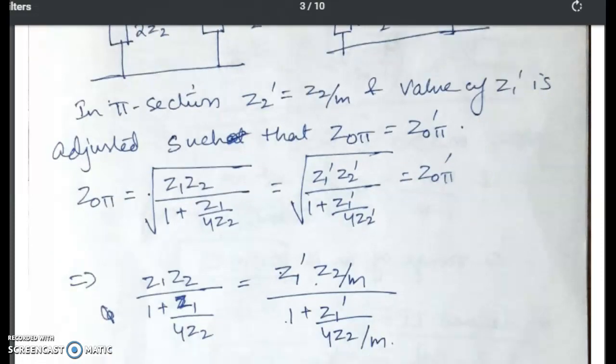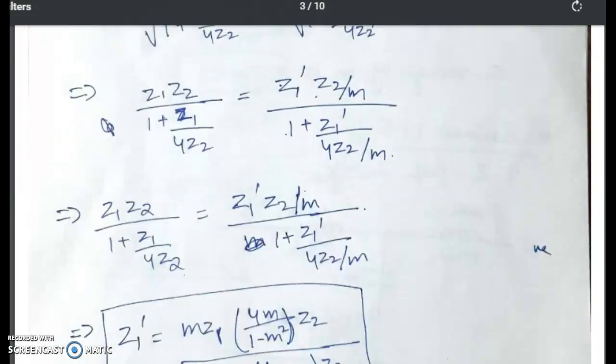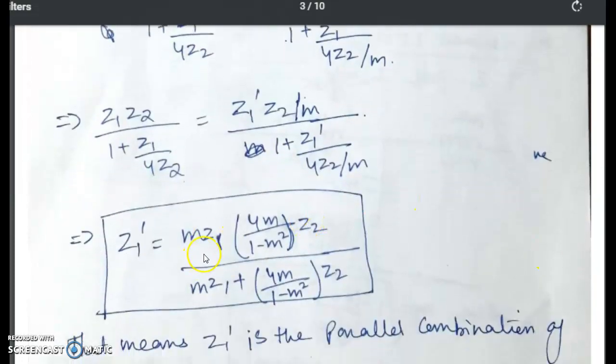When we equate it and put the value of Z2 dash as Z2 upon M, we find the value of Z1 dash as MZ1 in parallel with 4M upon (1 minus M square) into Z2. This looks like Z1 dash is a parallel combination of two impedances. One is MZ1 and the second is 4M upon (1 minus M square) into Z2.